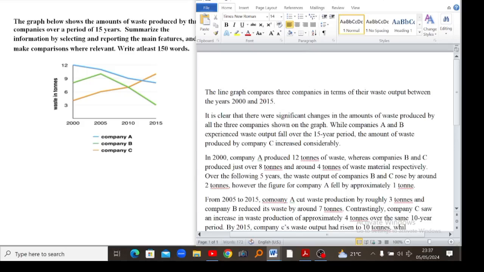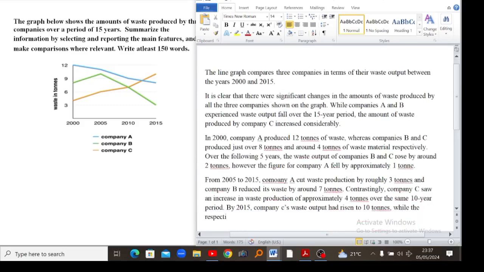10 tons, while the respective amounts of waste produced from companies A and B had dropped to 8 tons and only 3 tons.